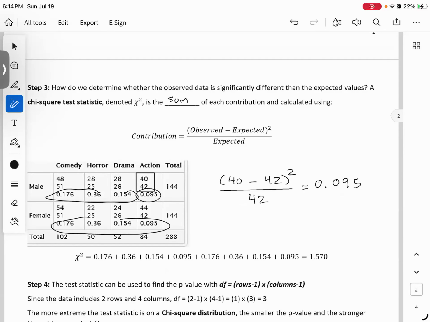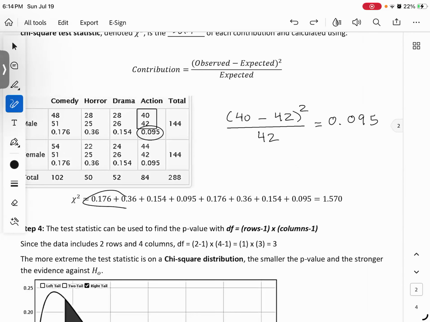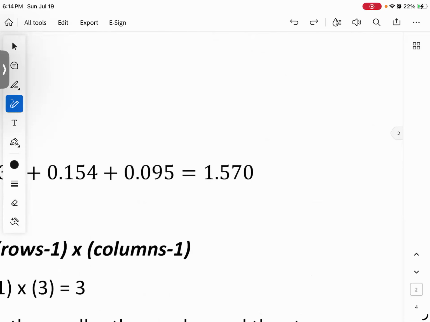It is a tedious process because you have to repeat the formula for each pairing. Then eventually, once you get all 8 of those values, you sum them up. And where this is no different than what we've been doing more recently is if this is on the side of being extreme, again, we'll loosely still use like 2 or more.